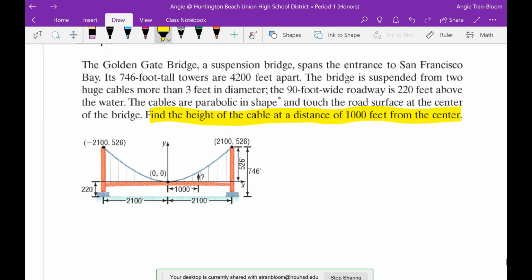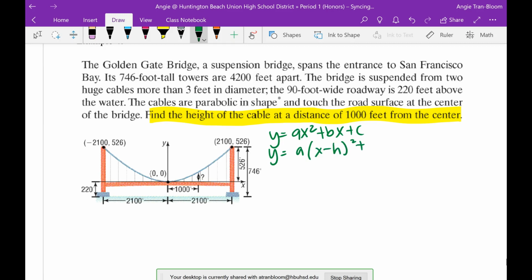Daniel? The equation. I would need an equation of a parabola. Let me remind you of 2 different forms of the parabola equation. y equals ax squared plus bx plus c. That's one of them. And then there's the other one, vertex form: y equals a times (x minus h) squared plus k.